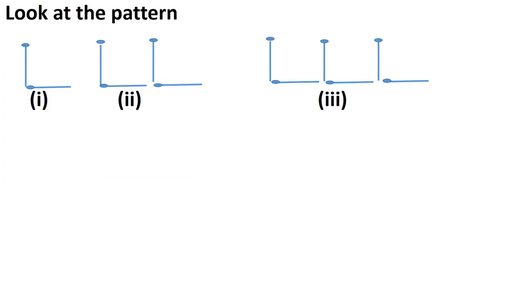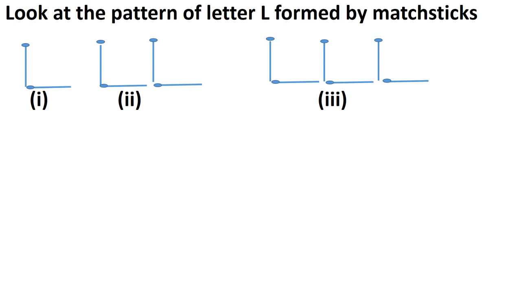See, look at the pattern of letter L formed by matchsticks. You can see clearly that this is the pattern of letter L. In figure 1, I have made one letter L with 2 matchsticks. In figure 2, I have made 2 letter L with 4 matchsticks.